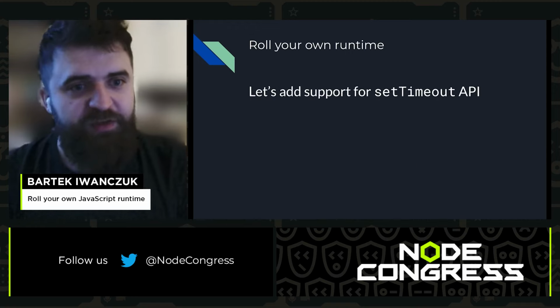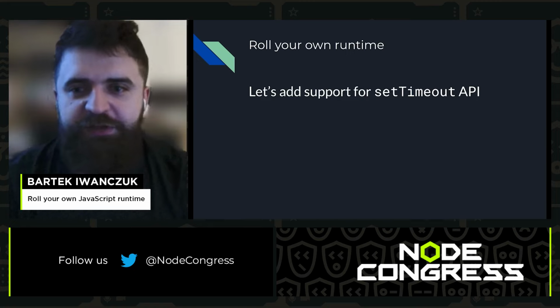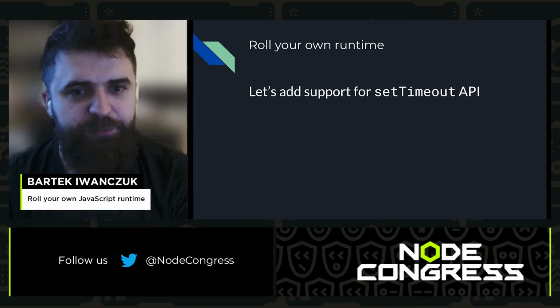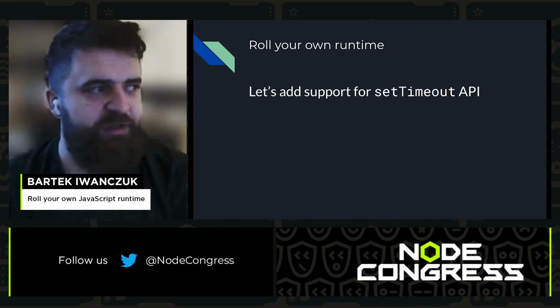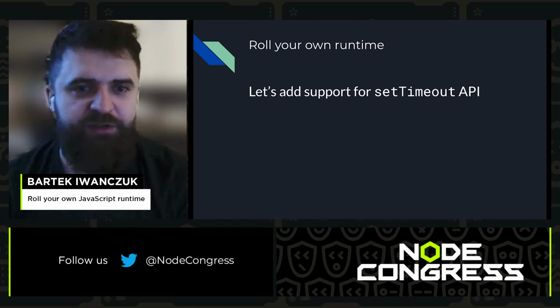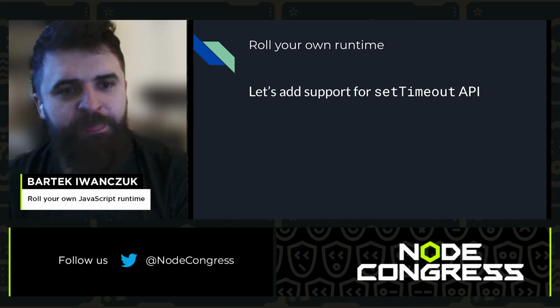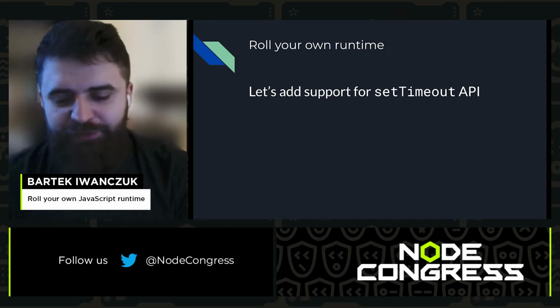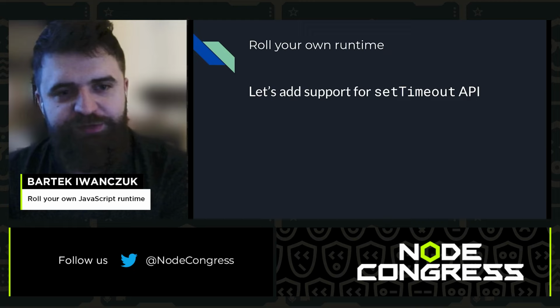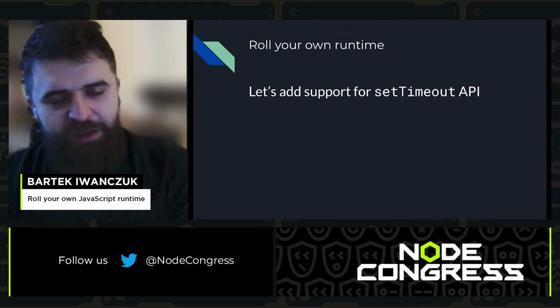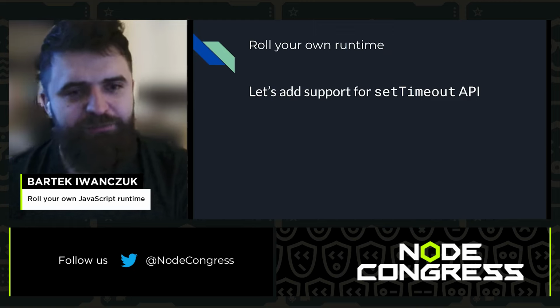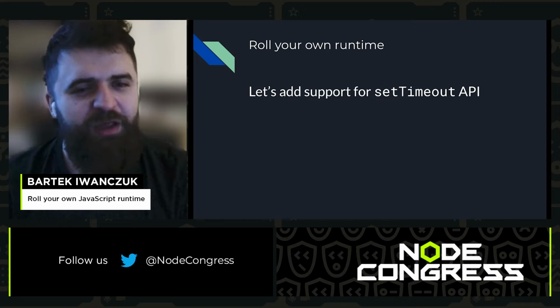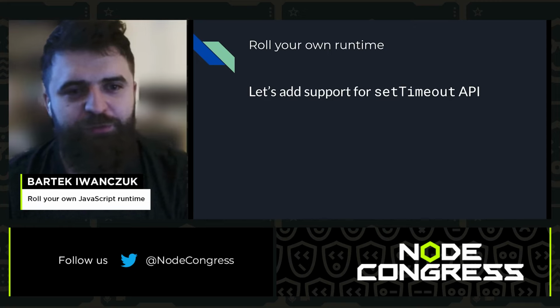Okay, so let's actually do some coding. Let's do something a bit exciting. I think we may try to implement a setTimeout API in Run.js. Of course, this will not be the same setTimeout API you can see in browsers or in Deno or in Node.js, because, well, this API seems really easy to grasp and use, but there are a lot of intricacies to it.